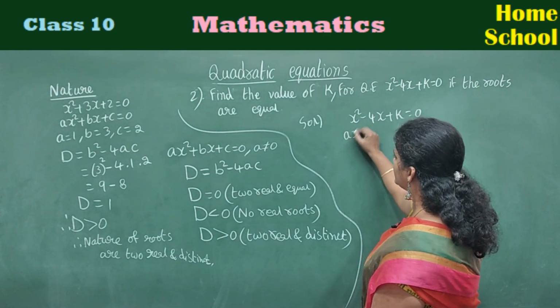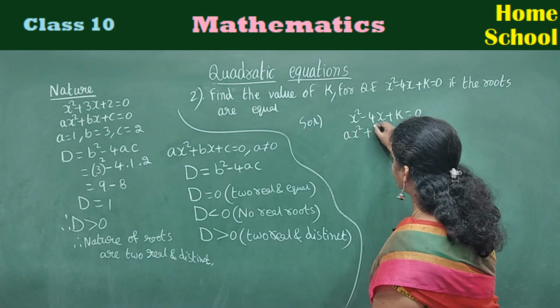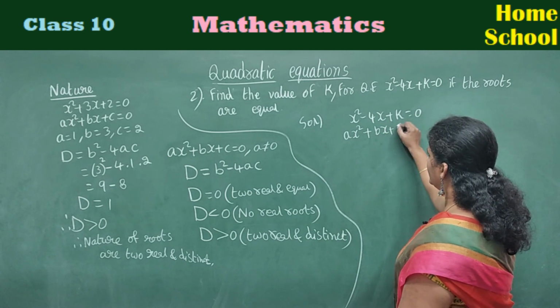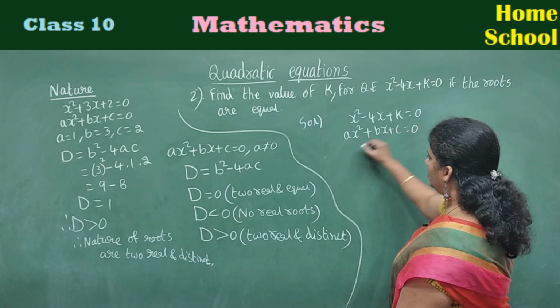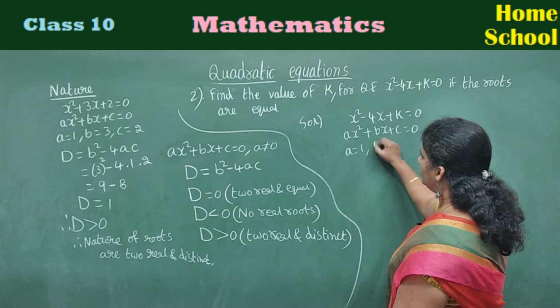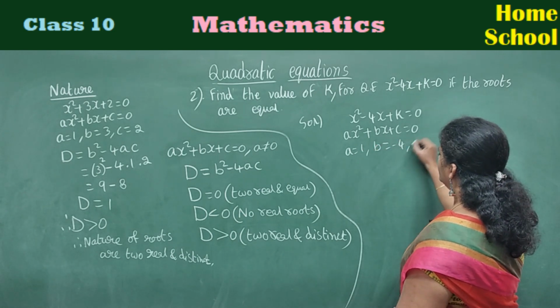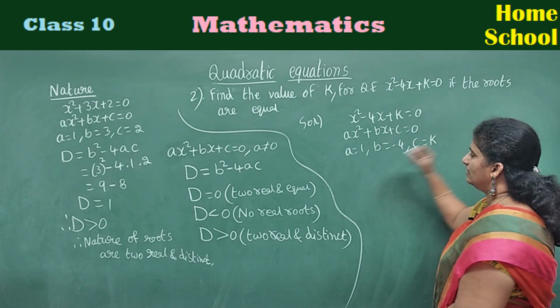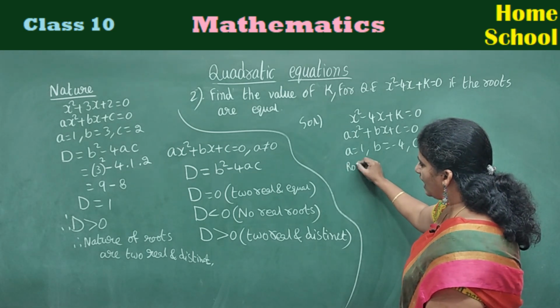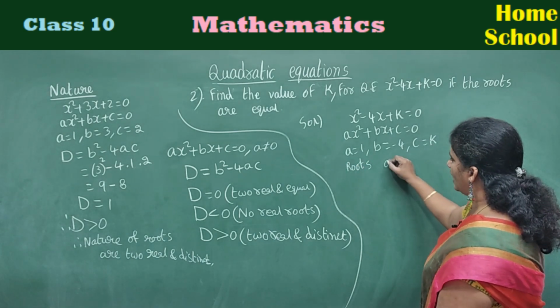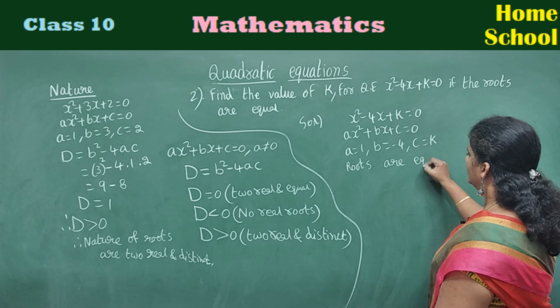Given equation, compare with the standard form first. ax square plus bx plus c equal to 0. Write a value 1, b value minus 4, c value is k. Given roots are equal.